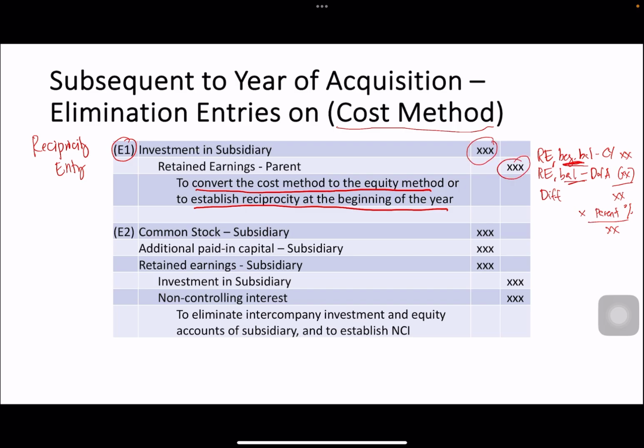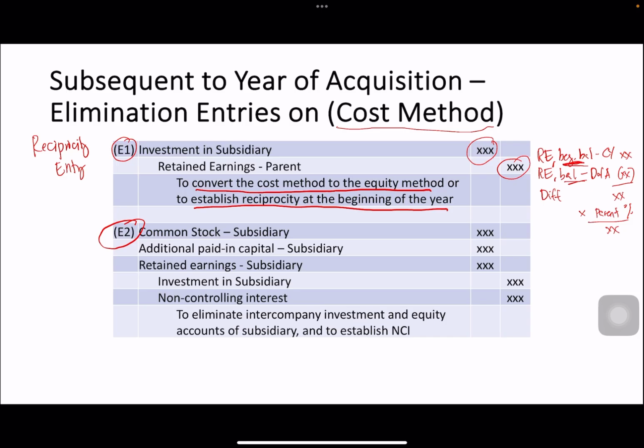Why do we need to prepare this entry? The answer relates to eliminating entry 2. If this eliminating entry seems familiar to you, that is because this entry is almost the exact same entry that we prepared on the date of acquisition and on the first year of acquisition.